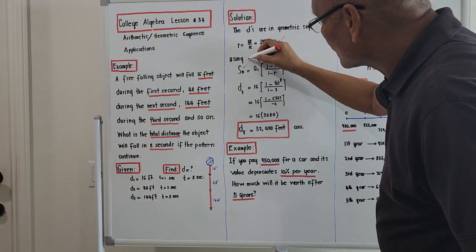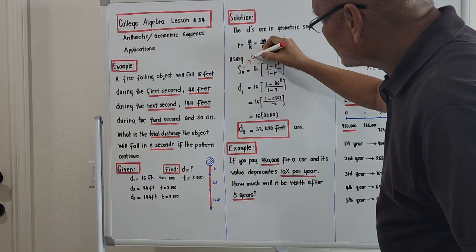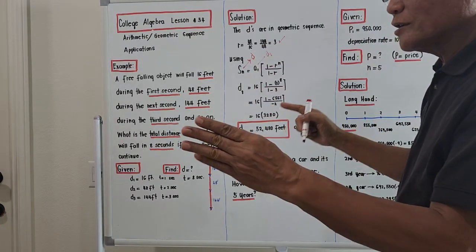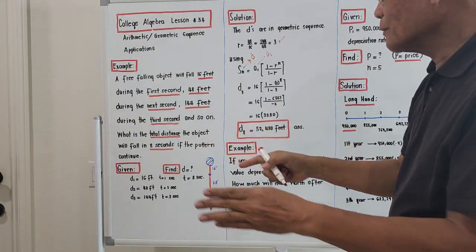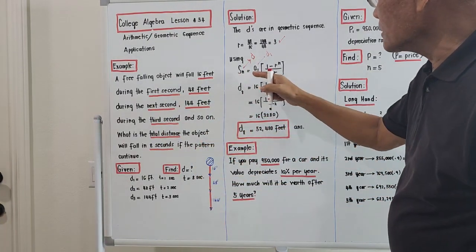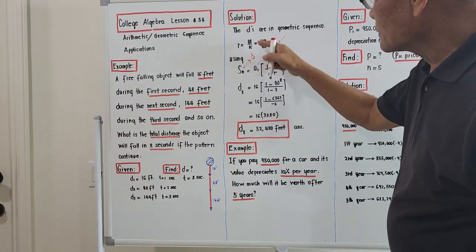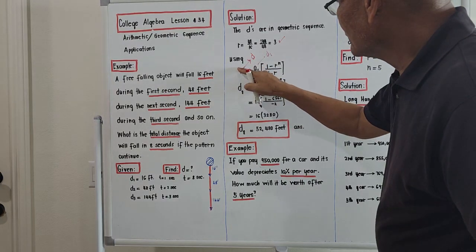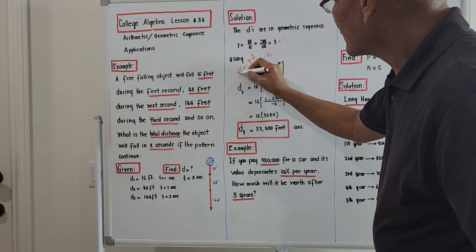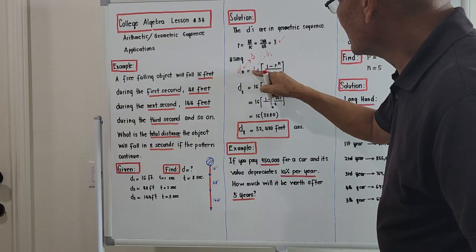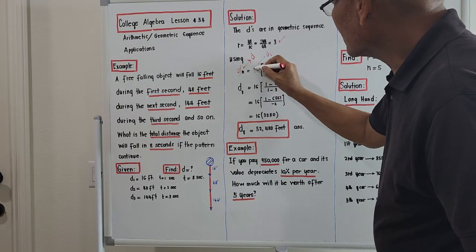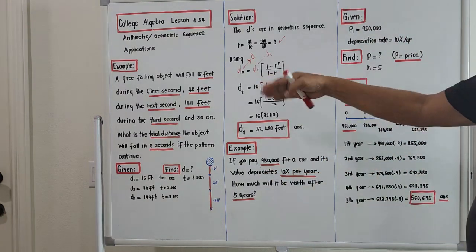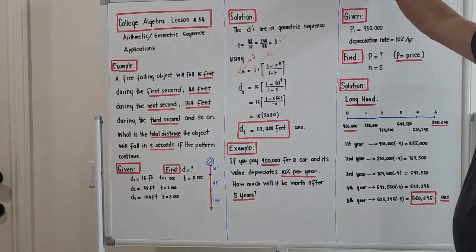And the S sub n here will be small letter d, distance. If the given problem does not commensurate with S sub n and a1, we replace the designation. So this should be d sub n now, and d1. It's the same. We just change the symbol.